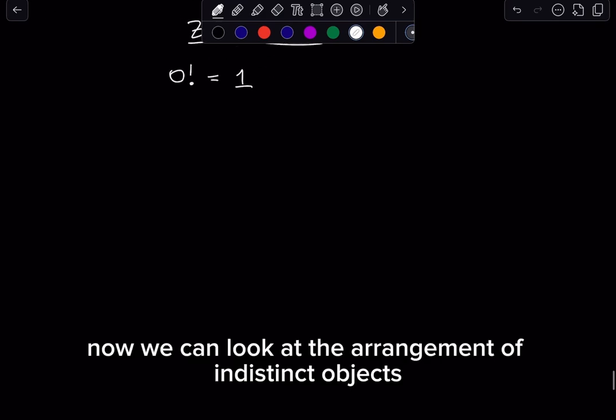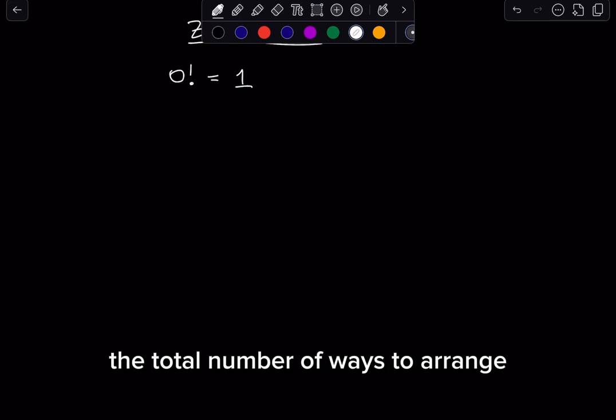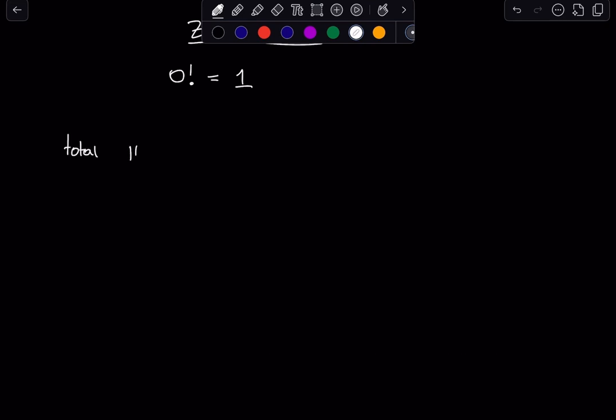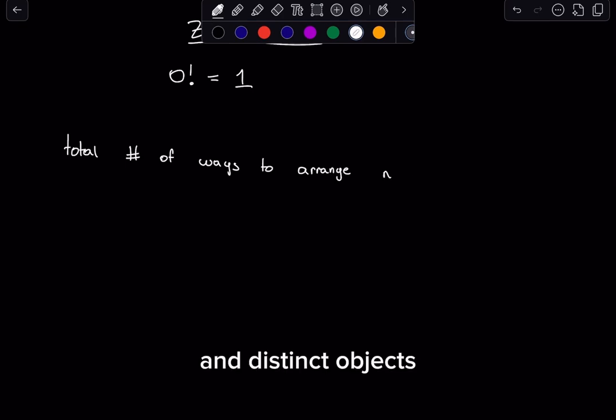Now we can look at the arrangement of n distinct objects. The total number of ways to arrange n distinct objects is simply n factorial.